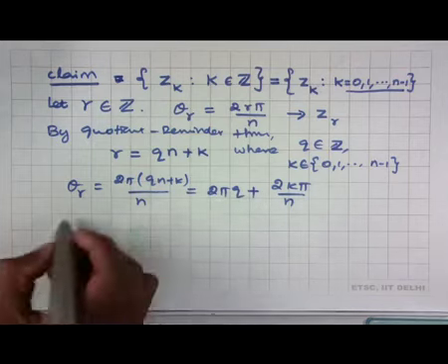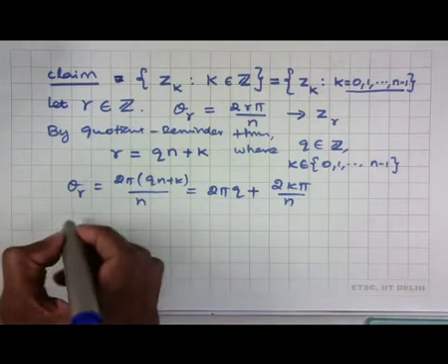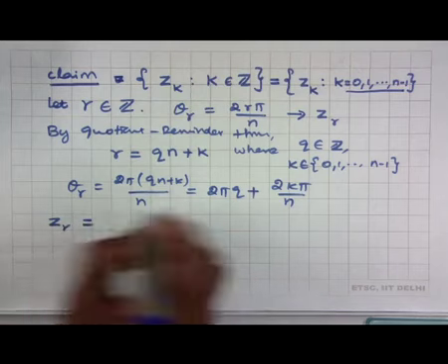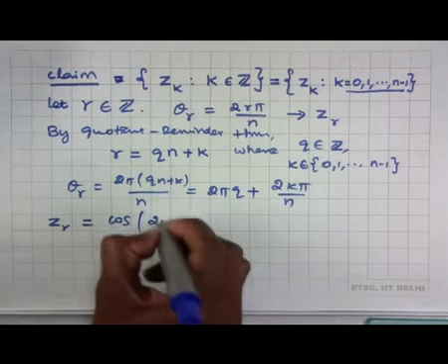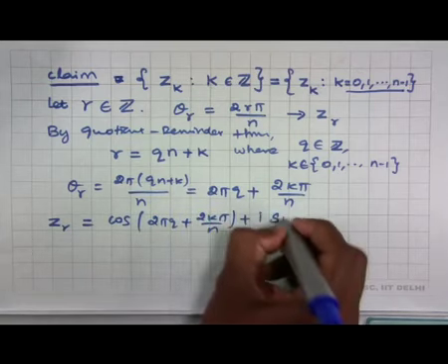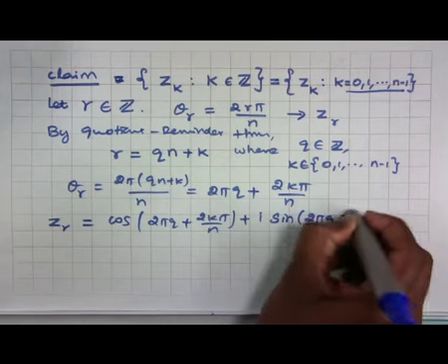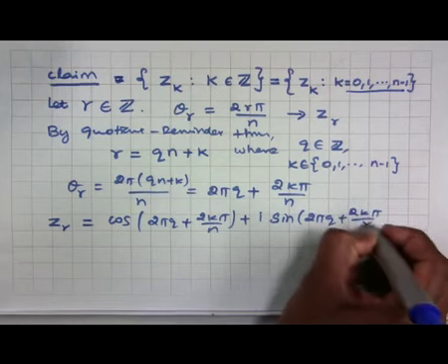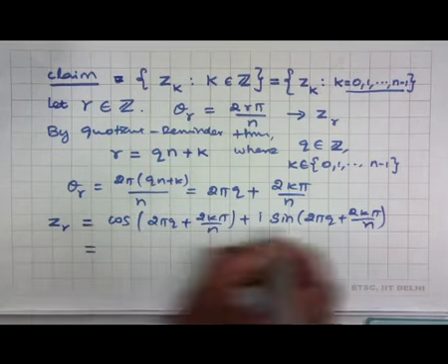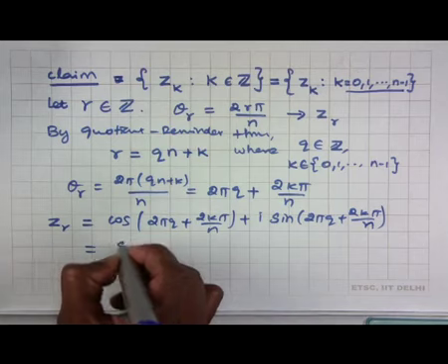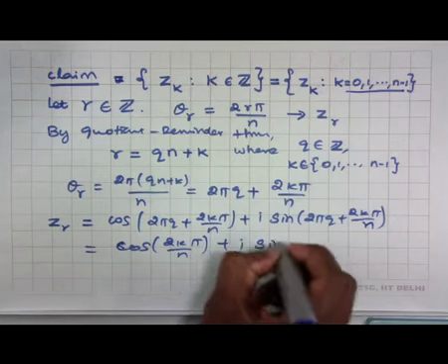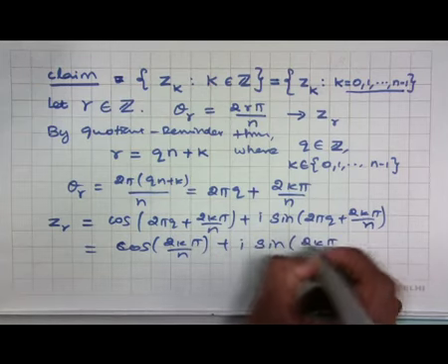Which means the number zr is given by cos of (2 pi q plus 2 k pi by n) plus i sin of (2 pi q plus 2 k pi by n), and using the periodicity of cos and sine functions, we see that it is cos 2 k pi by n plus i sin 2 k pi by n.